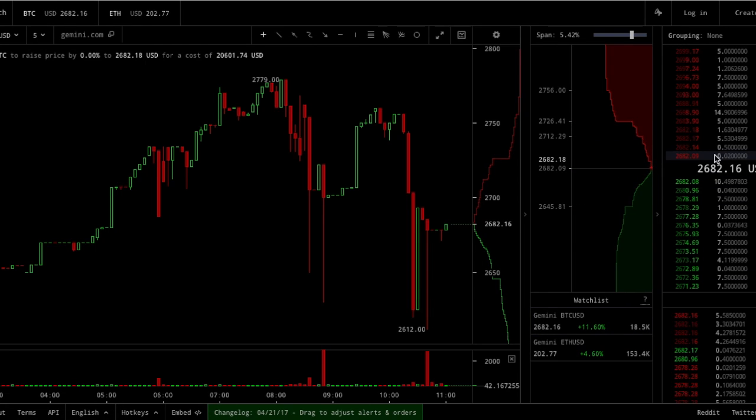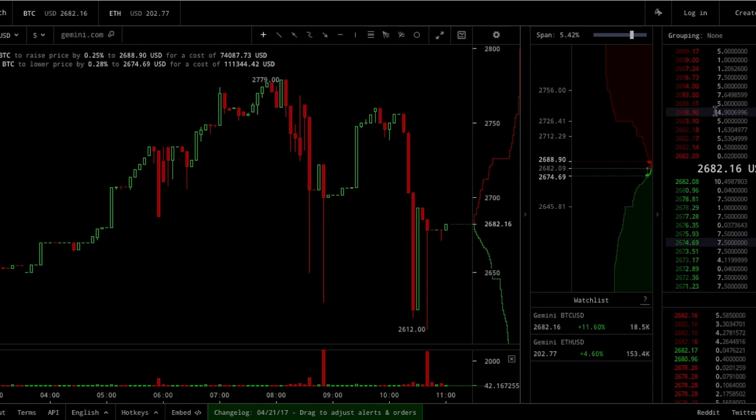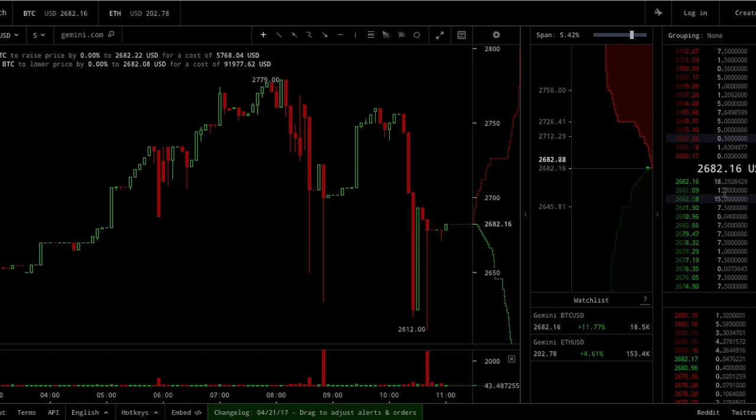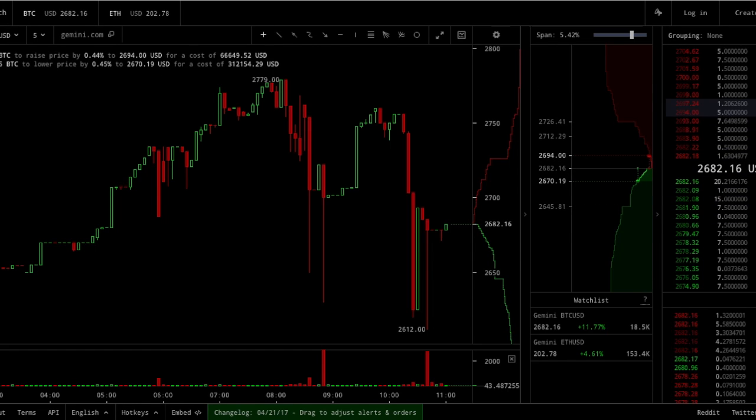And it's easy to think about each one of these as a wall, with some walls stronger than others. The higher the number, the stronger the wall. On this side, this is just how many offers there are at that price level. This is just how many bids there are at that price level. This is just cumulative, hard word to say.